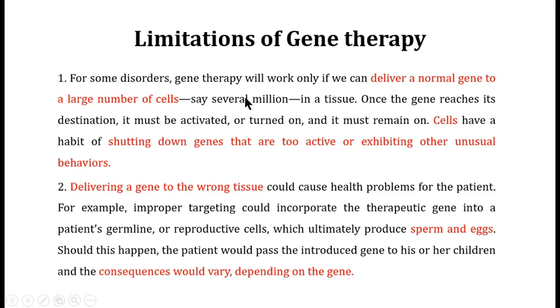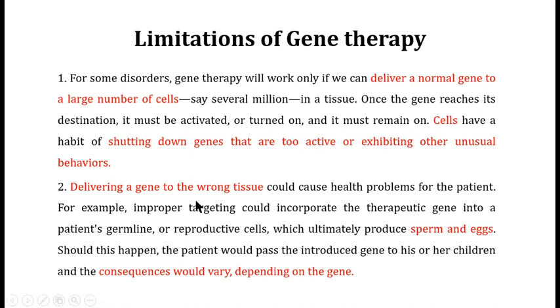As you are introducing your gene from the outside, you cannot control its expression, and if it is overexpressed, the cell is going to shut down that gene. When it is shut down, the protein product of that gene is not going to be made anymore. Therefore the disorder cannot be treated on a permanent basis. This is one of the limitations of gene therapy.